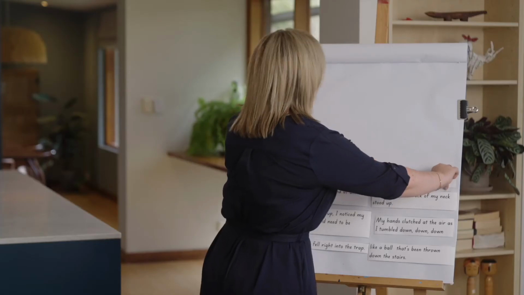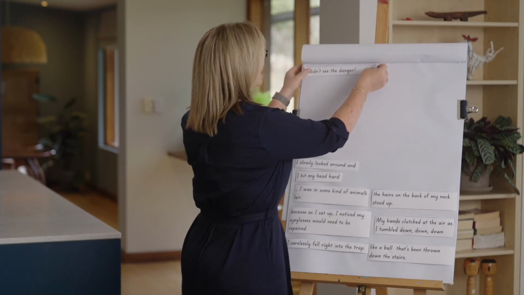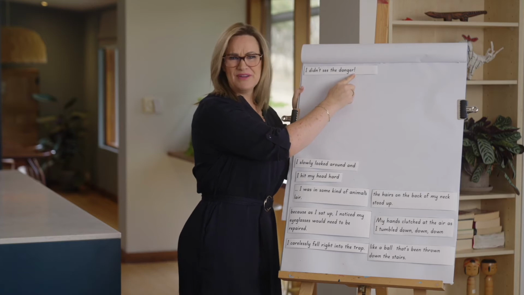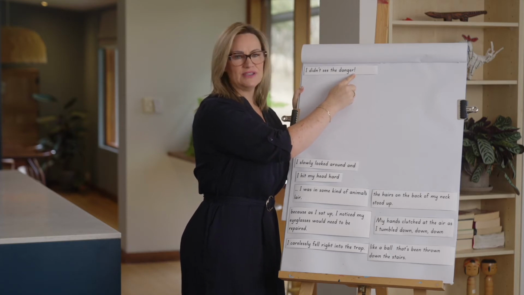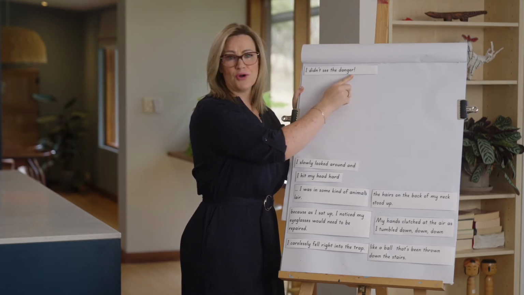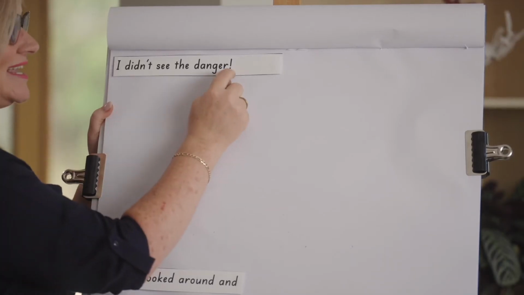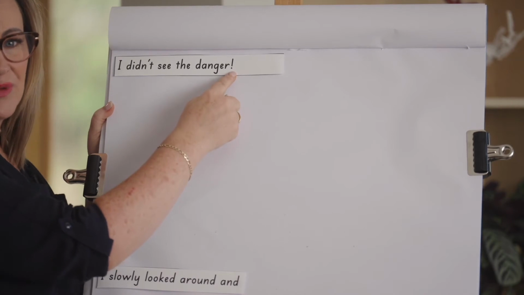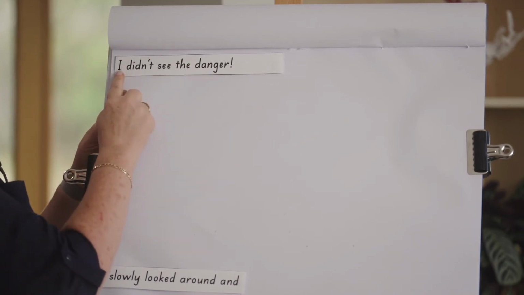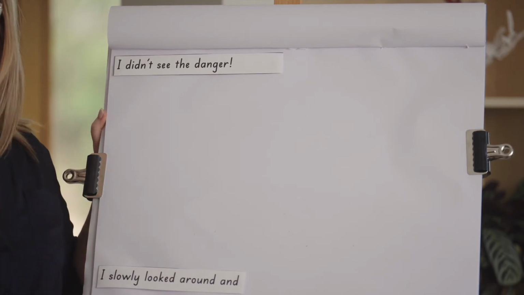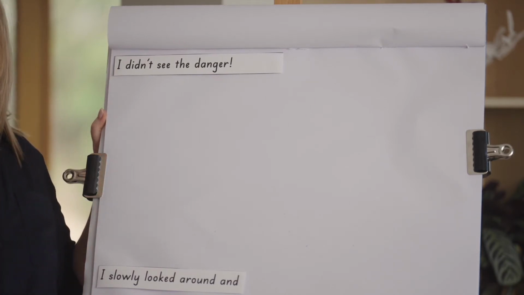Here we go. I didn't see the danger! Now, why have I done that with my voice? Well, absolutely, if you listen to someone read and they sound like a robot, you switch off and you don't want to listen. But also it's telling me here, I need to add some drama to my voice. Let's read that together. I didn't see the danger! Okay, so what happens next?